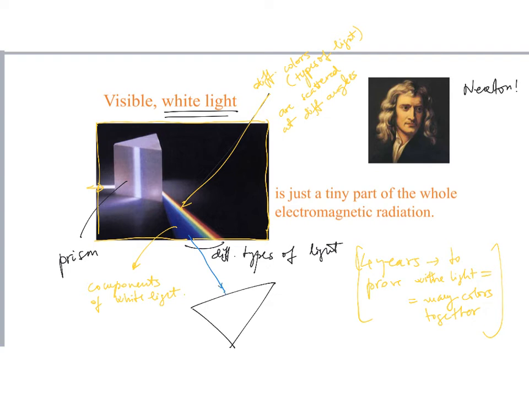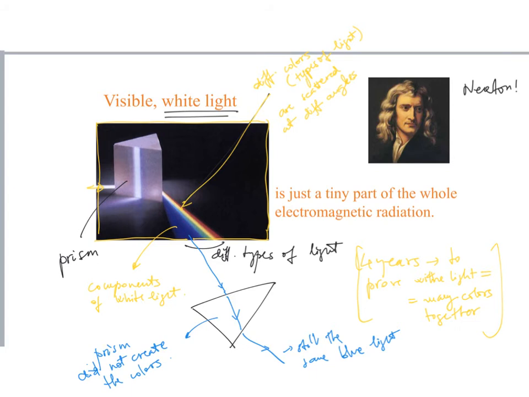It was blue light, only blue light coming at the prism, and then it was scattered, refracted actually through the prism, and then it went away, and it was still the same blue light. So the prism did not and does not create the colors. So yeah, just another example of how not trivial it is to prove all these little things.